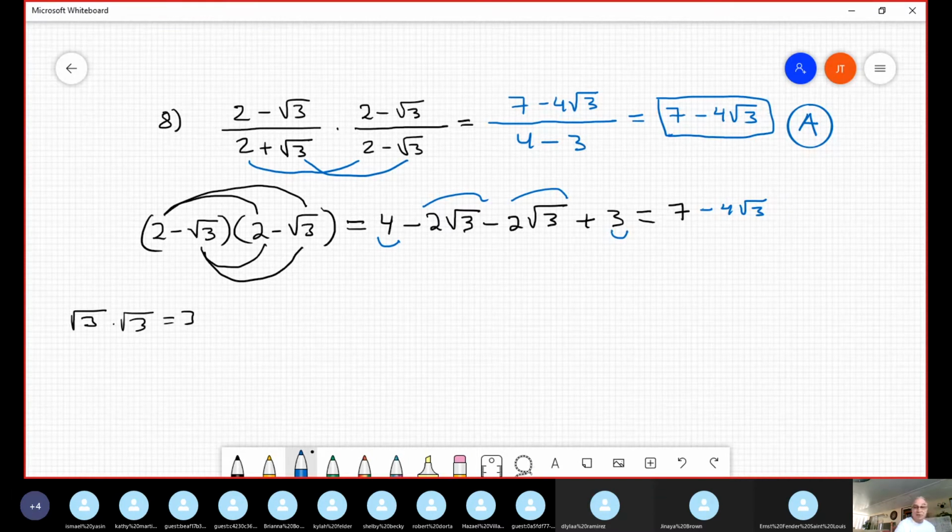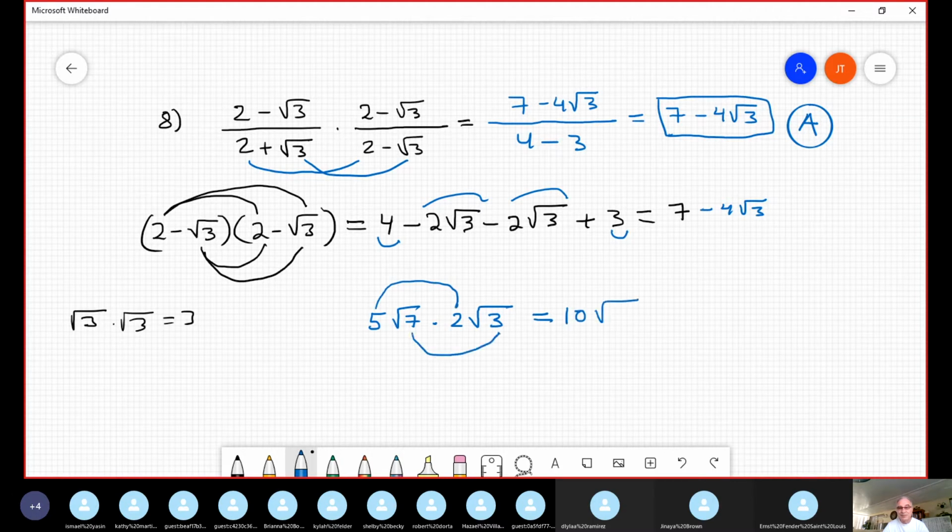Any question on number 8? Do you understand the rule very well? When you multiply, for example, 5 radical 7 by 2 radical 3, the only legal multiplication is to multiply the numbers outside the radical and the numbers inside the radical. It's impossible to mix the number inside and the number outside.